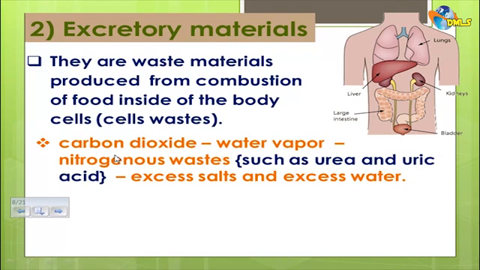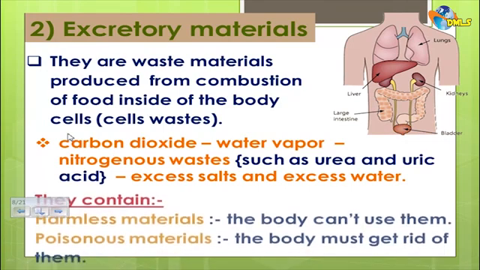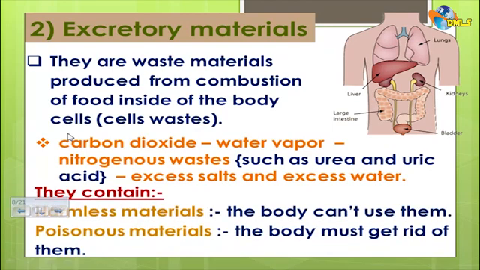Nitrogenous wastes such as urea and uric acid are expelled from the urinary system or the kidneys. Excess salts and excess water can be expelled in two ways. Number one, through the skin in the form of sweat, and number two, from the urinary system in the form of urine.